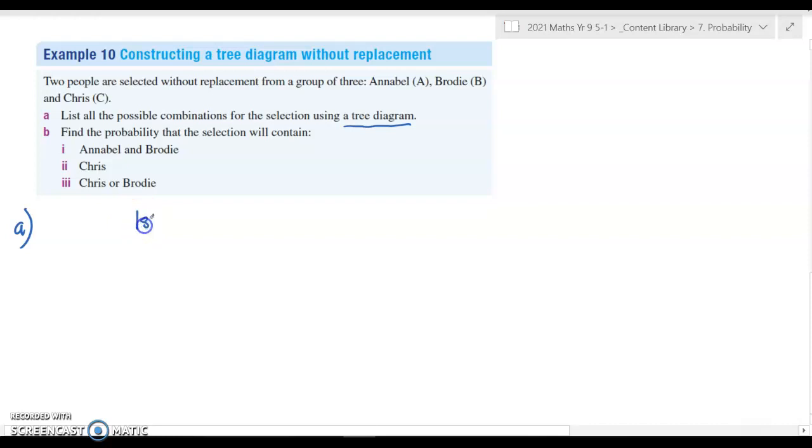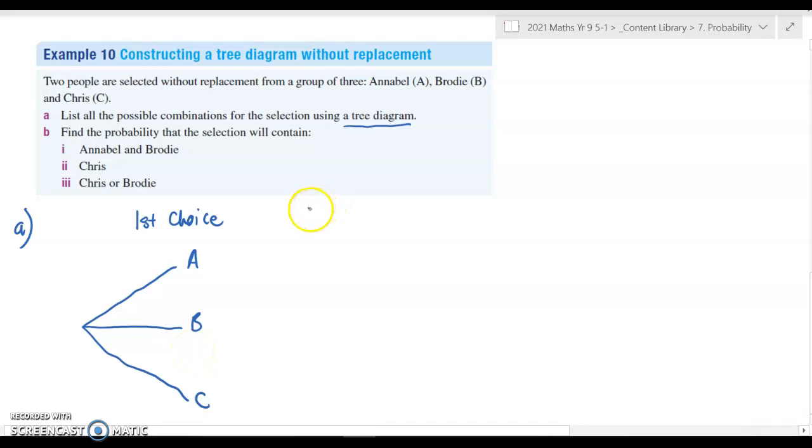The first branch on my tree diagram represents the first choice. Who am I going to choose first? If I make the first choice, I have 3 people to choose from. Annabelle, Brodie and Chris. I'm going to use their first letters to make this quicker. So my first choice, I can choose 3.